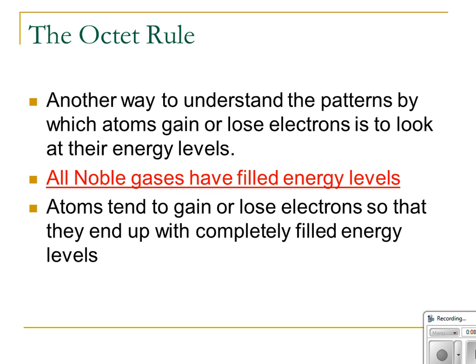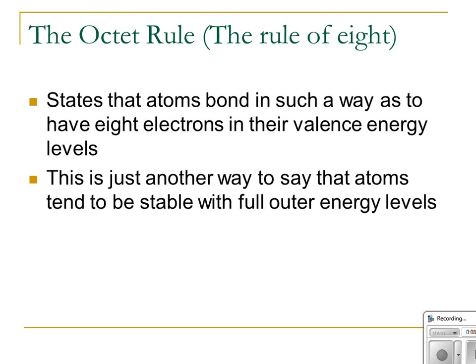Now the octet rule. Another way to understand the patterns by which atoms gain or lose electrons is to look at their energy levels. All noble gases have their energy levels filled, as I just said. Atoms tend to gain or lose electrons so that they will end up with completely filled energy levels. The octet rule, or the rule of 8, states that atoms bond in such a way as to have 8 electrons in their valence energy levels.